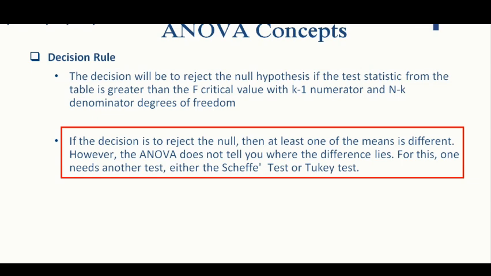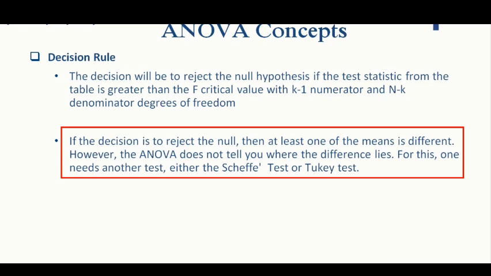For example, if you are comparing 4 treatments, four drugs at a time, and you reject the null hypothesis of analysis of variance, then what would you say? That all of them are not equal. At least one of them is different. But which one is different?